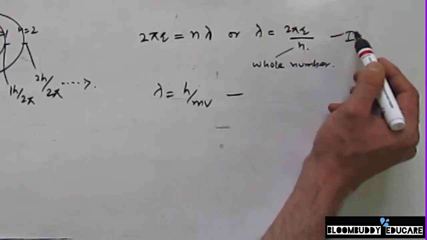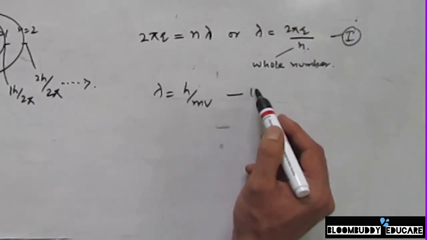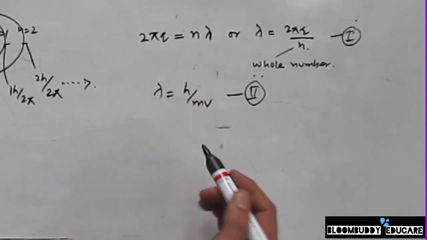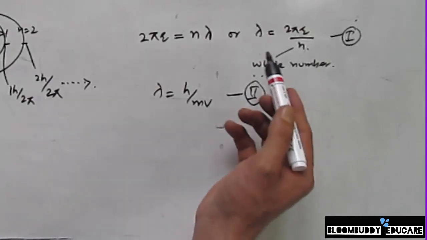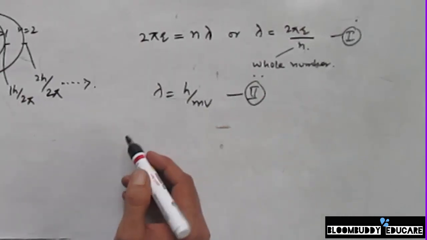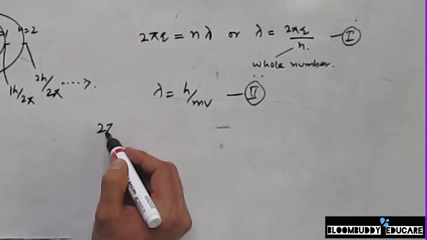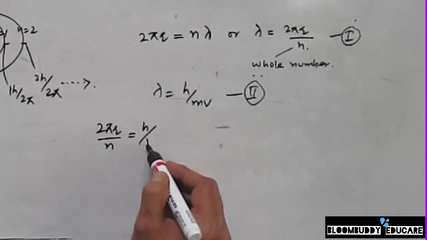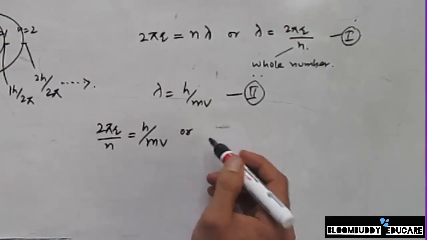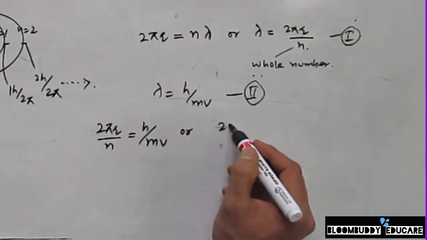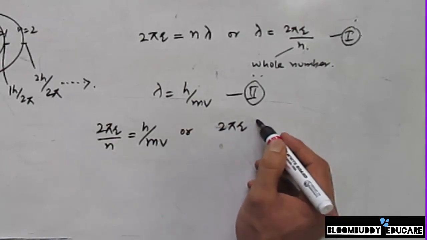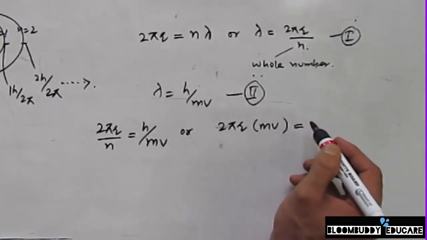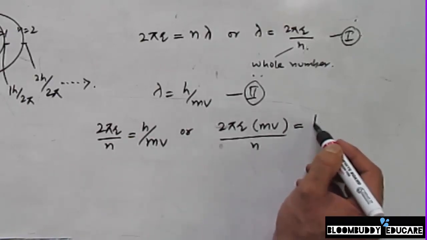So if I take this as equation first and that as equation second, what happens when we compare the two? The left hand sides are equal, so the right hand sides are going to be equal. In other terms, 2 pi r by n is equal to h by mv. If I transpose the terms, it's going to be 2 pi r mv divided by n is equal to h.